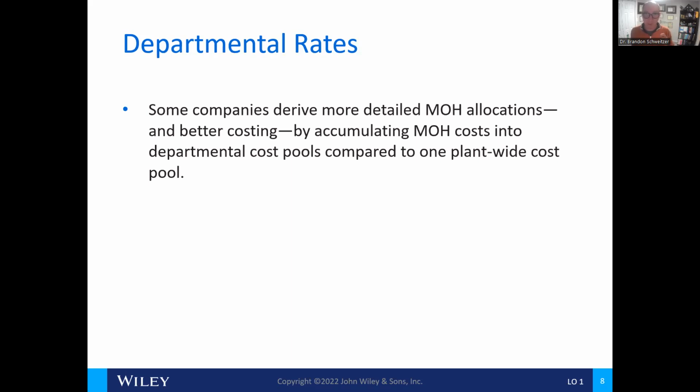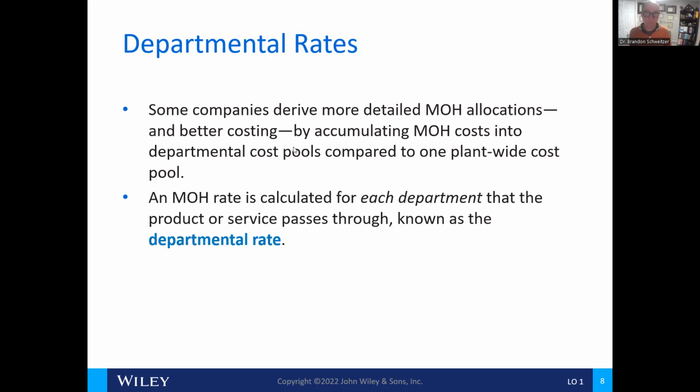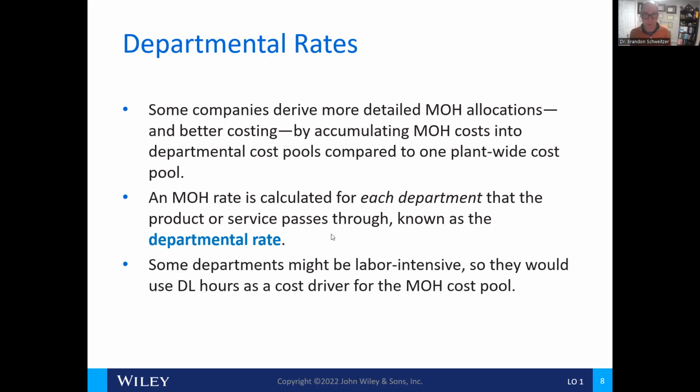So when it comes to departmental rates, some companies use more detailed allocation methods for manufacturing overhead based on departmental cost pools compared to the single plant-wide rate method. The manufacturing overhead rate is calculated for each department that the product or service passes through. We call this a departmental rate.